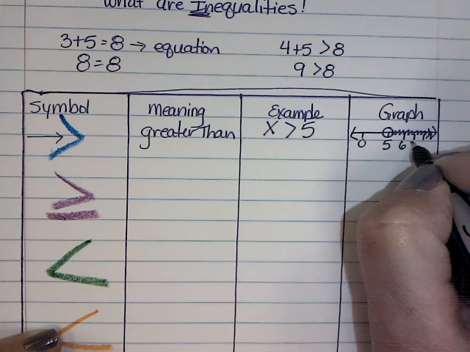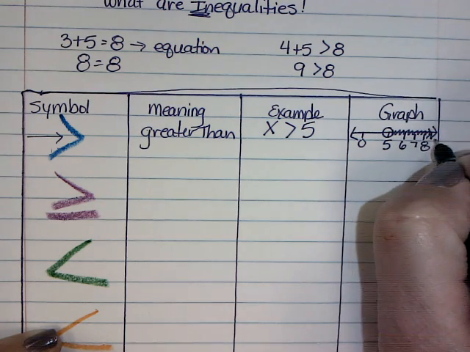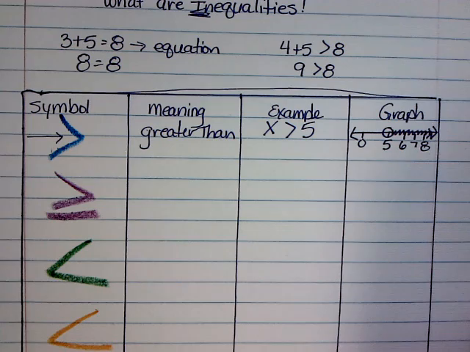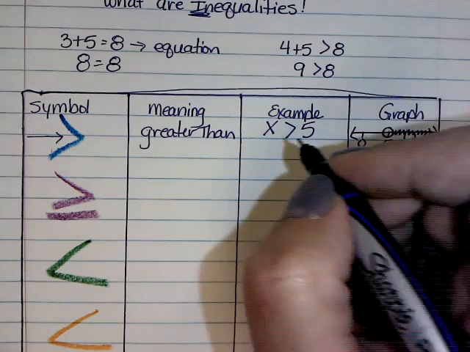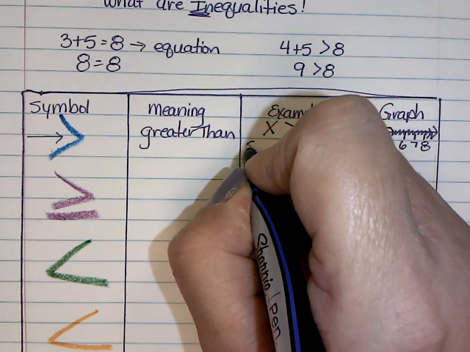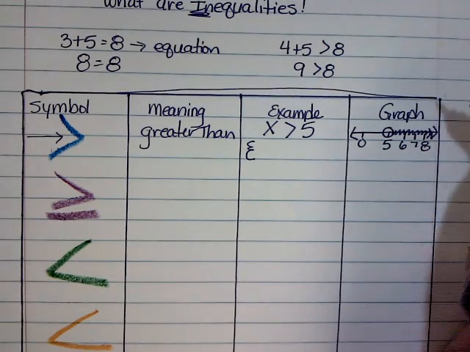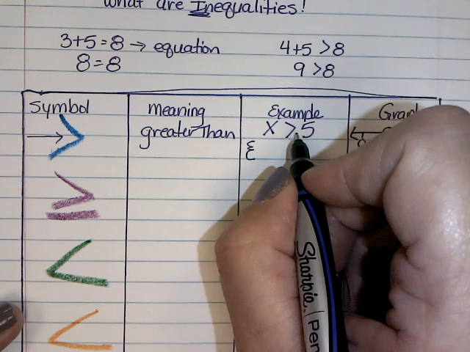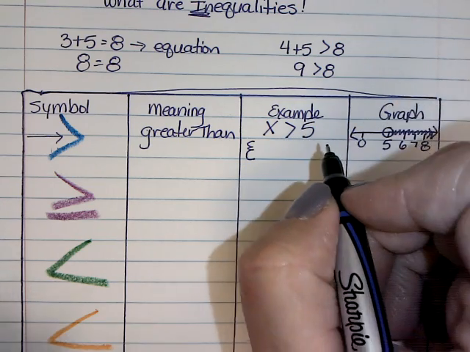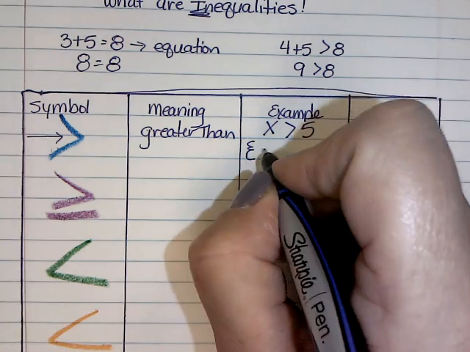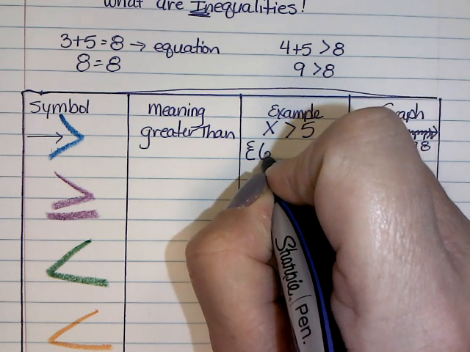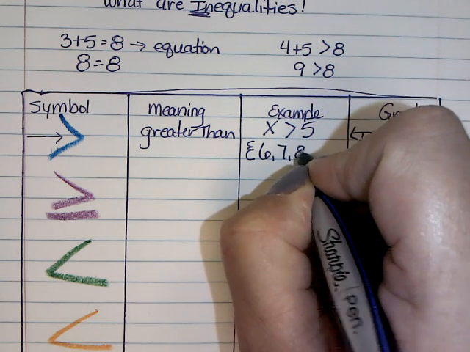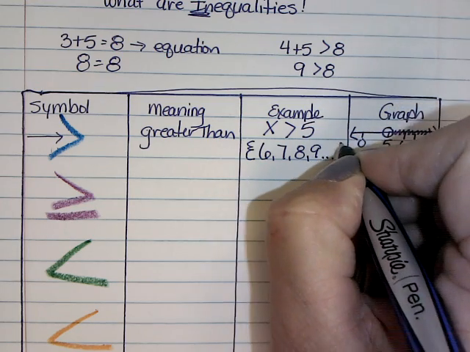So it could be 6, 7, 8, 9, 10, 11, up to millions and millions. There's a particular way that I'm going to write this, called a solution set. I know that if x is greater than 5, not equal to 5, it's going to include numbers such as 6, 7, 8, 9, and on and on.